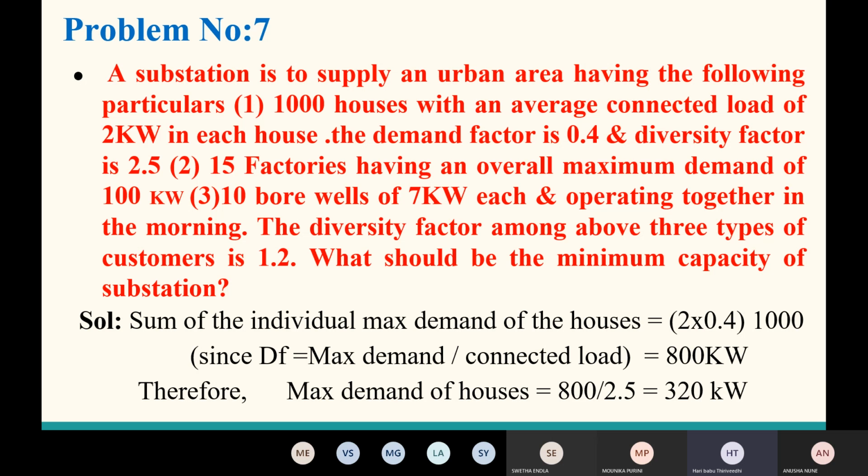Demand factor is equal to maximum demand by connected load. Therefore, maximum demand is equal to demand factor into connected load. 2 into 0.4 into 1000 is 800 kilowatt.